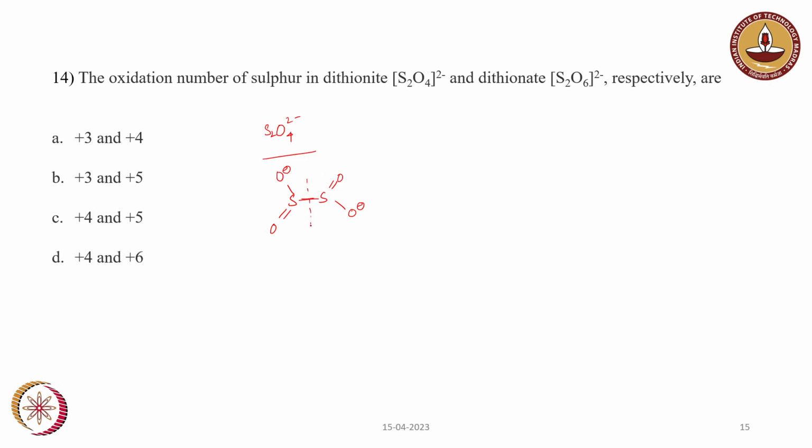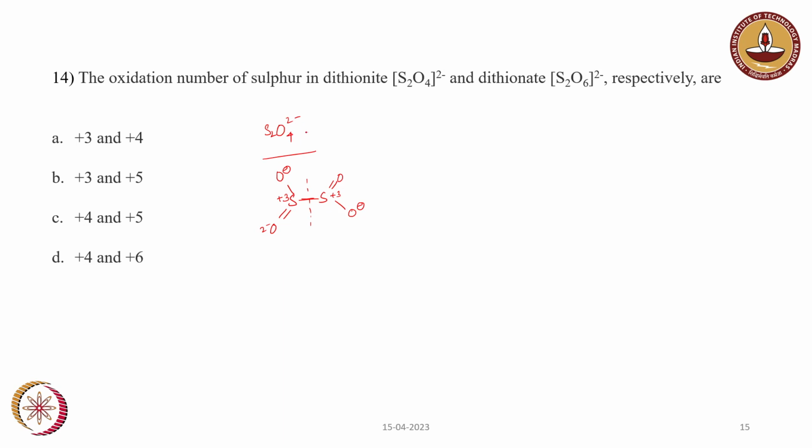So we can draw a line like this and calculate the oxidation state on both sides, and both will have the same oxidation state because both have similar bond types. Both are connected to two oxygens. So here it's 2 minus for one oxygen and it's already given negative for the other oxygen. So total will be -3. So the oxidation state will be +3 here and here also it will be +3.